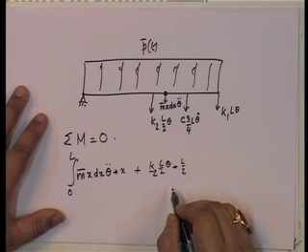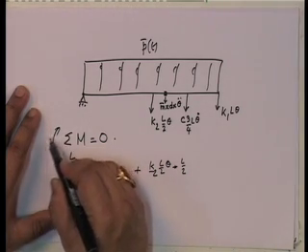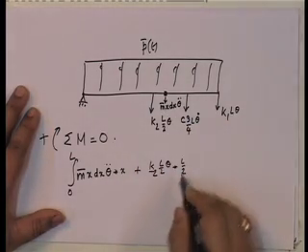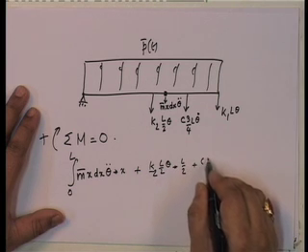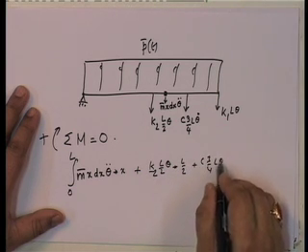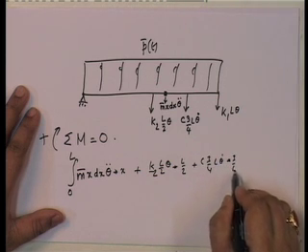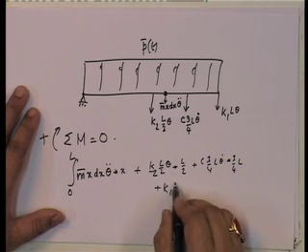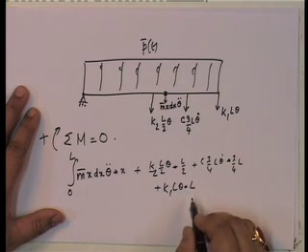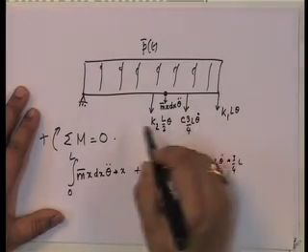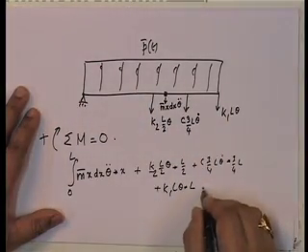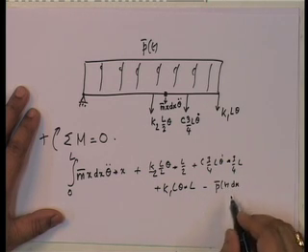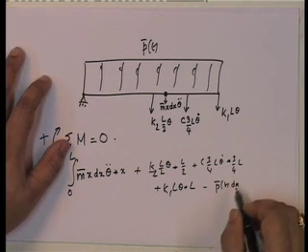I am taking this as positive. So, this is clockwise, this is clockwise, this is also clockwise, 3/4 C L theta dot into 3/4 L, that is the moment, plus k 1 L theta into L. And then this one is anticlockwise, so I have minus p bar t dx, which is a load at any point x.